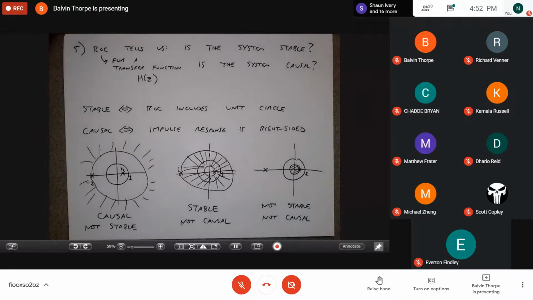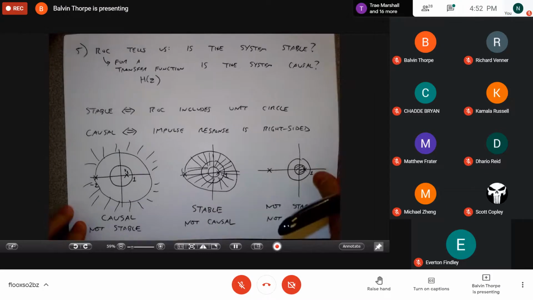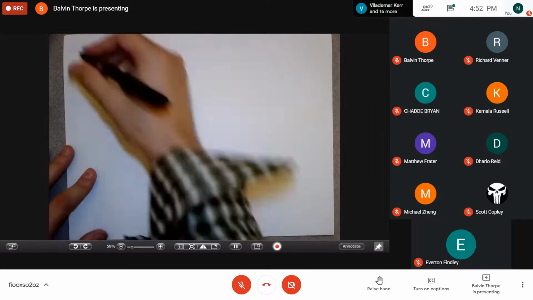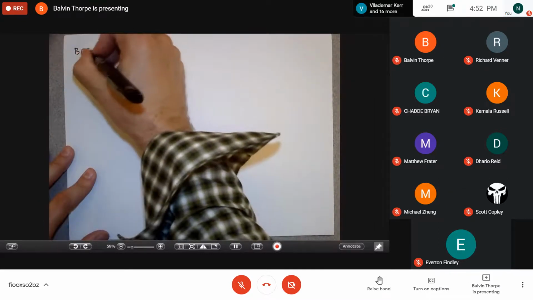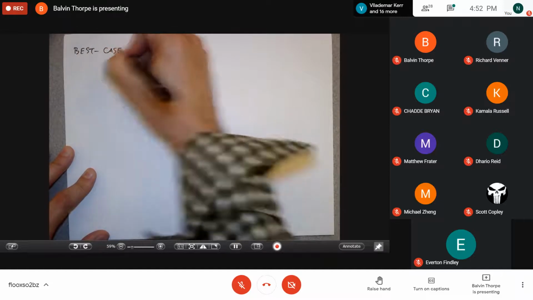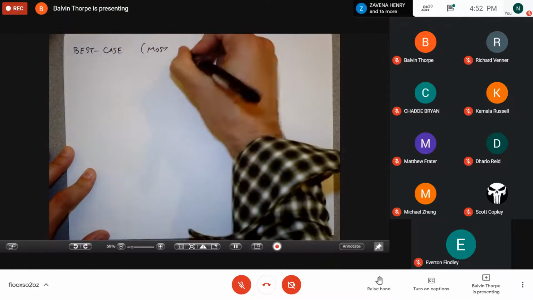And so the thing that we desire the most is a system where all the poles are inside the unit circle, and the ROC looks like a starburst going outside the outermost pole. So the best case scenario, maybe this is a little bit slangy, let's say most desirable scenario.